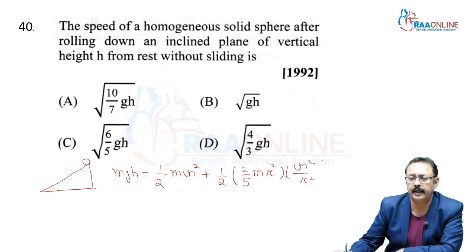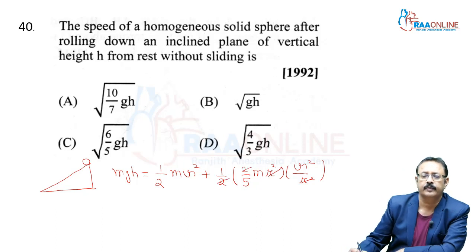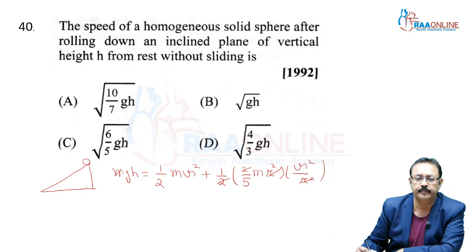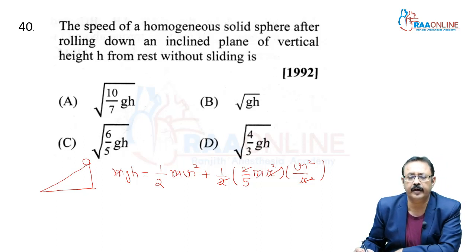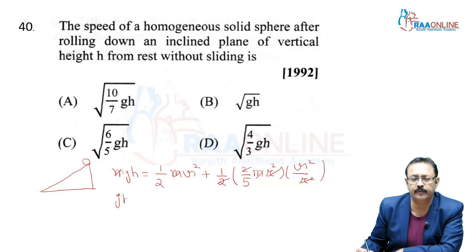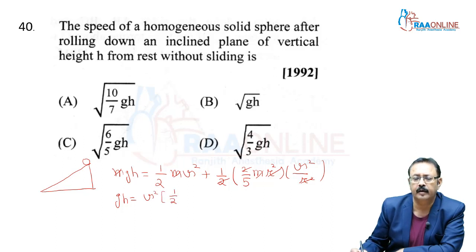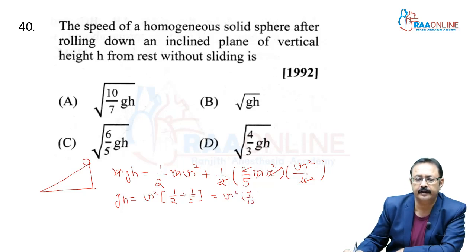Cancel this r square with this r square, 2 with 2, m with m. So what we are getting? gh is equal to, taking v square common, half plus 1 by 5, which means v square into 7 by 10.